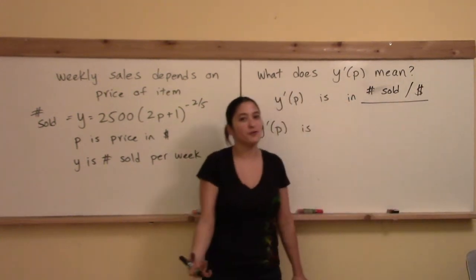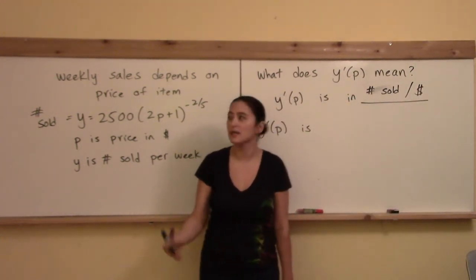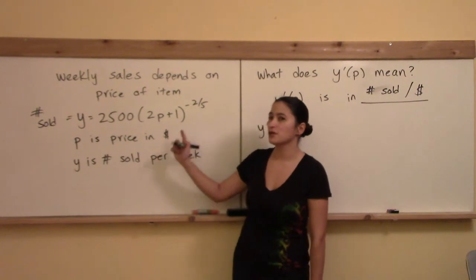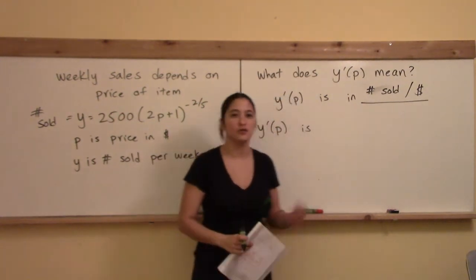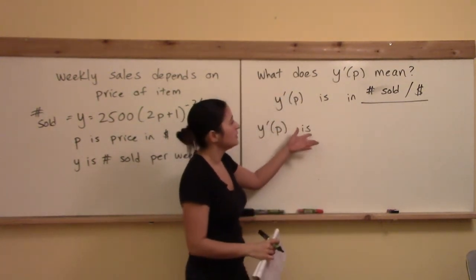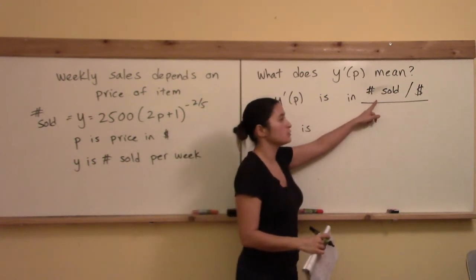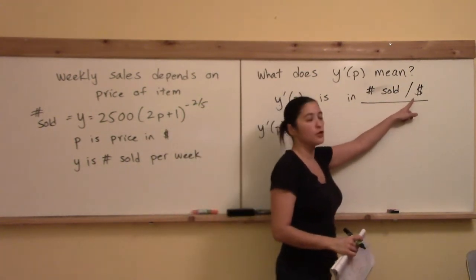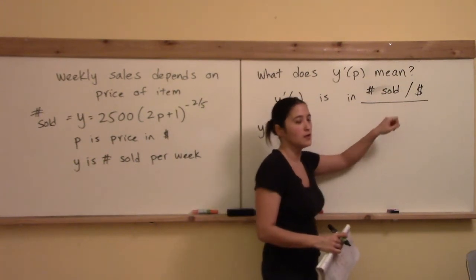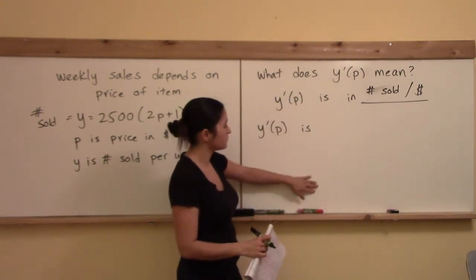And that makes sense for what we're talking about because we were saying the weekly sales depends on the price, right? So the derivative is going to be a change in the amount that gets sold per week per dollar increase in the price, okay? So then what did you fill in here for a sentence?